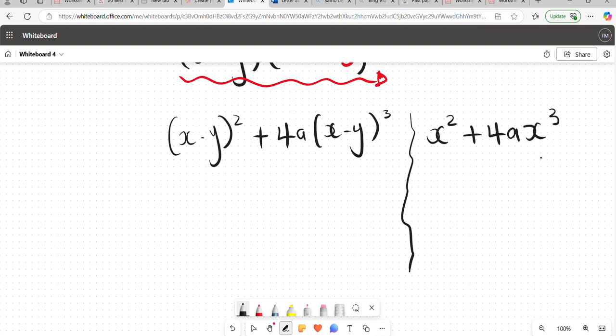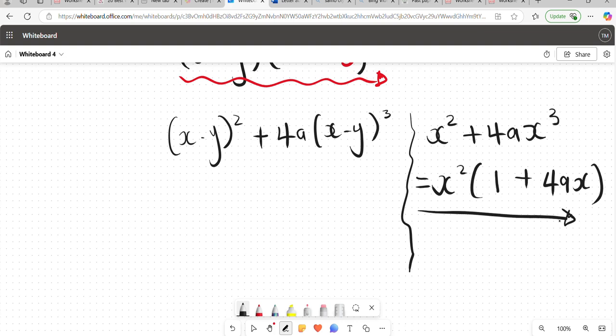If this was your question and you were asked to factorize this, you would notice, ooh, I have x to the power of 2 and then x to the power of 3. So I always take out the smallest one. Then you open your bracket. It needs to multiply with the 1 to give me x squared. And on this side, it needs to multiply with the 4ax. So this is how you would solve it if it looked like this.